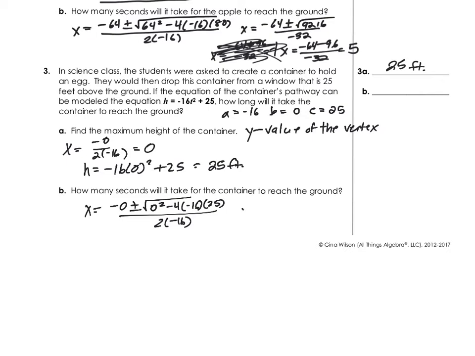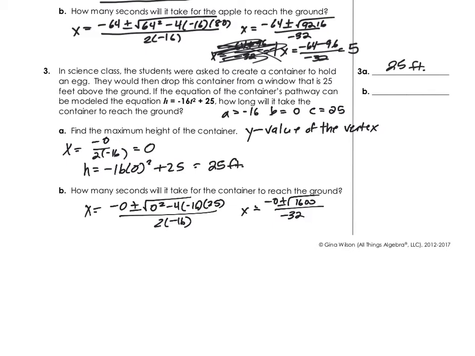And you can do that in your calculator. So 0 squared is 0. Negative 4 times negative 16 times 25 is 1,600. So this is going to be negative 0 plus or minus the square root of 1,600 divided by negative 32. And the square root of 1,600, that's 40.